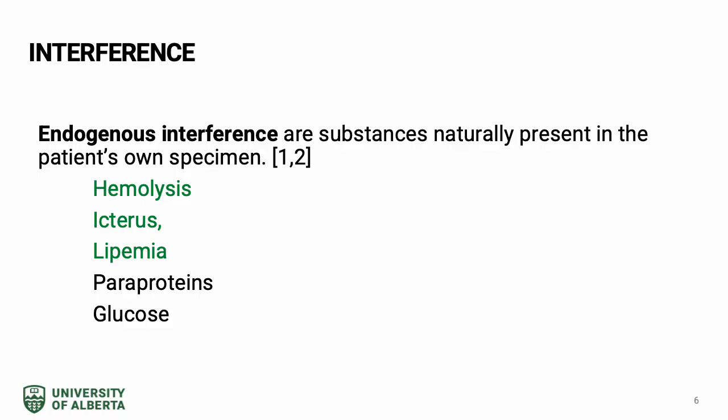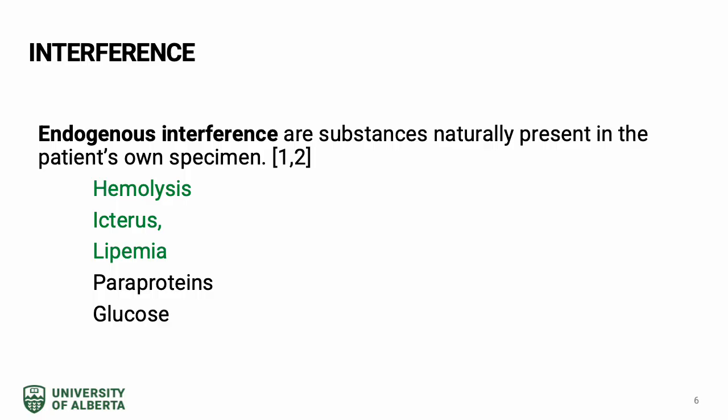Interference occurs when a substance or process falsely alters an assay result. Interference can lead to falsely increased or falsely decreased concentrations of a measured analyte. Interferences are classified as endogenous or exogenous.